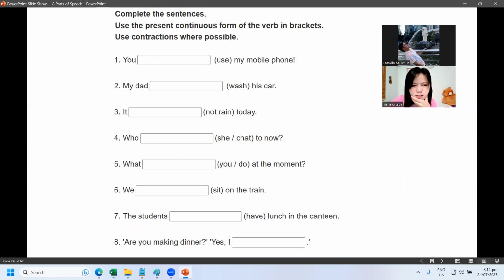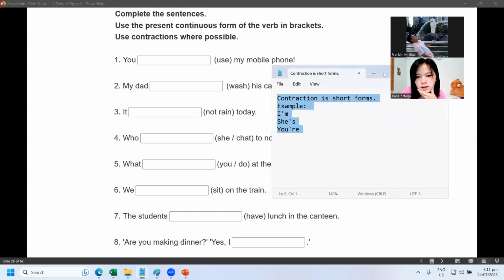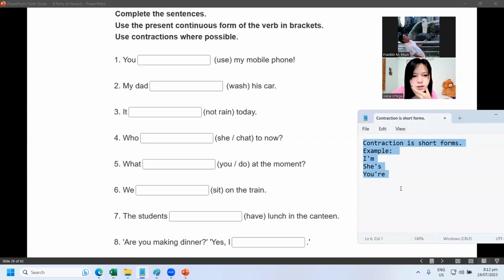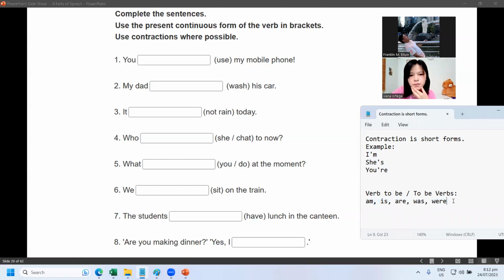Is that a contraction? There's no verb to be. Where's the verb to be? Always use verb to be, or to be verbs. What are those again? Am, is, are, was, and were. So when you're using the present continuous or past continuous, you always use this before the verb, before the ing verb.